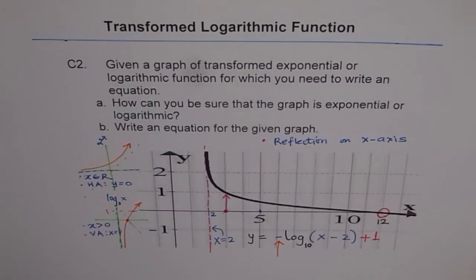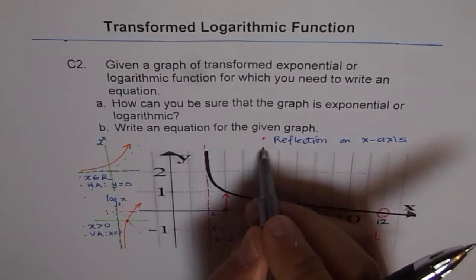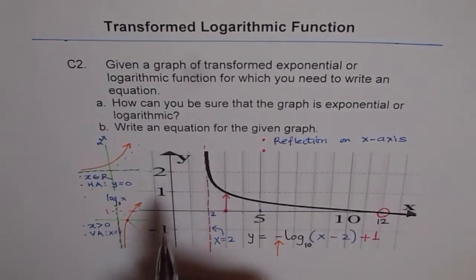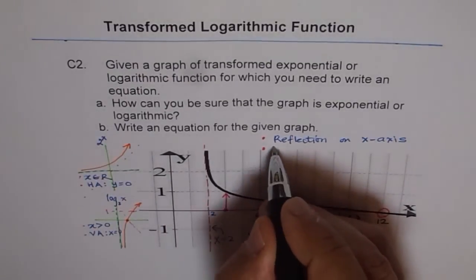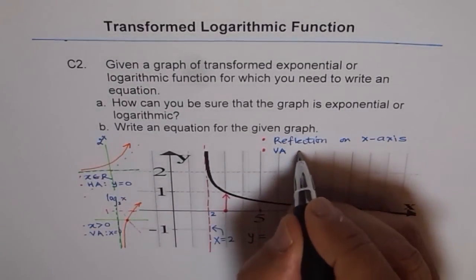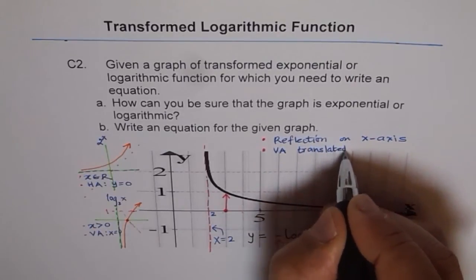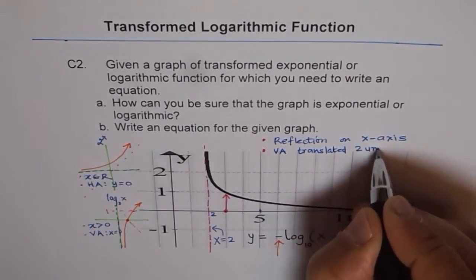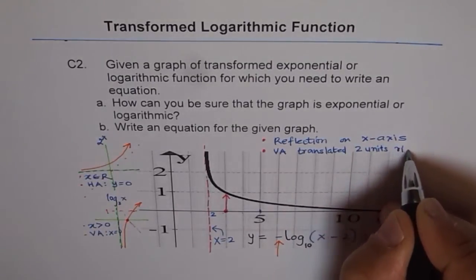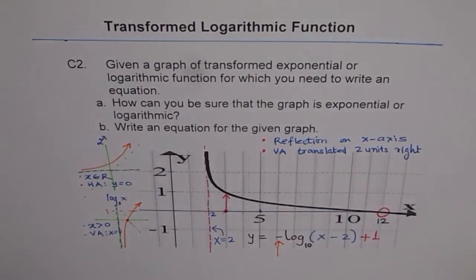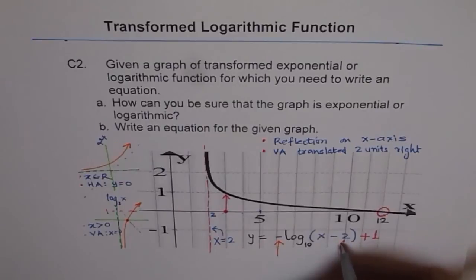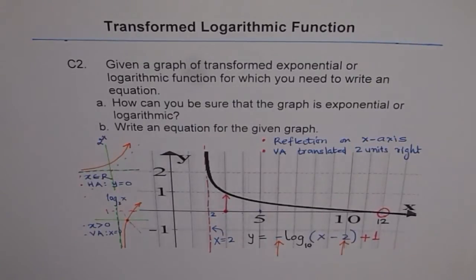And second, we observed that the vertical asymptote moved 2 units to the right. That gave us this parameter, x minus 2, translated 2 units right.